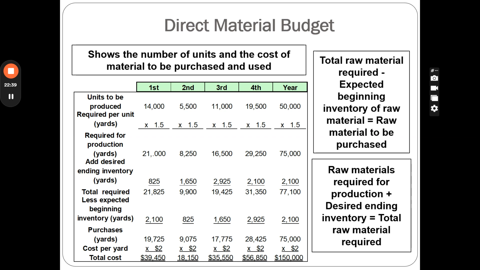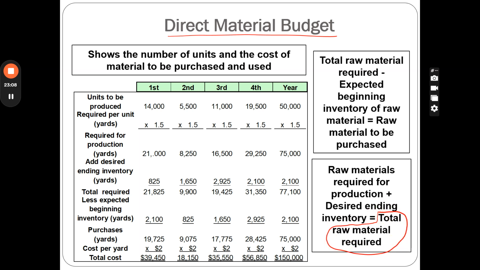So we found how many units we need to produce in the previous presentation. Based on that, we have to prepare a direct material budget. So to prepare the direct material budget, we have to see first how much material is required for the period.